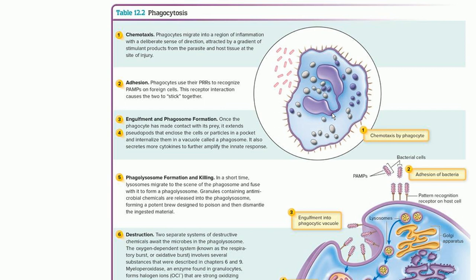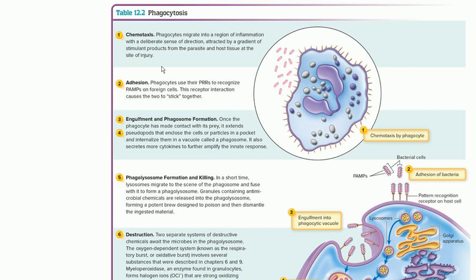So chemotaxis is basically the recruitment of the phagocytes at the site of the injury or inflammation, and then there is adhesion of phagocytes. There's a binding of the phagocytes to the microbes through their PAMs.